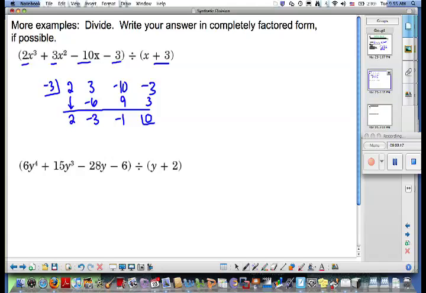Again, we know that a 0 remainder means that x plus 3 is a factor. So to write this in completely factored form, as the directions say, we know that x plus 3 is a factor, and we know what we got is 2x squared minus 3x minus 1.